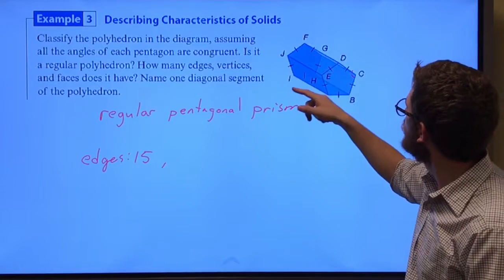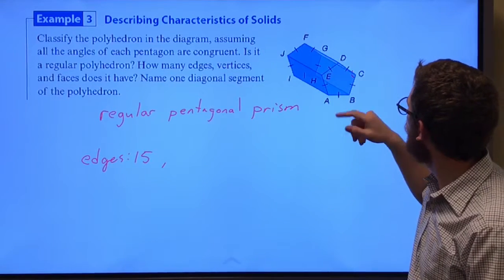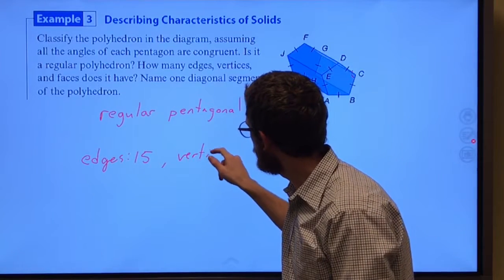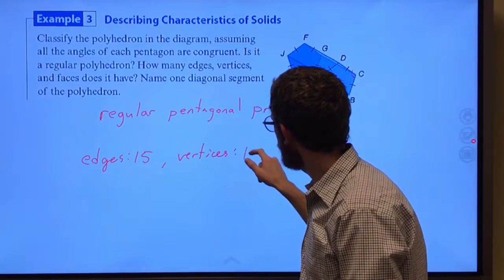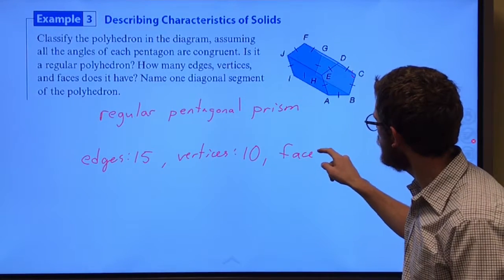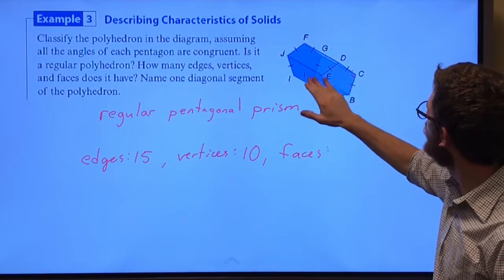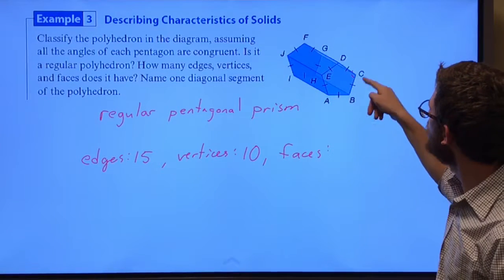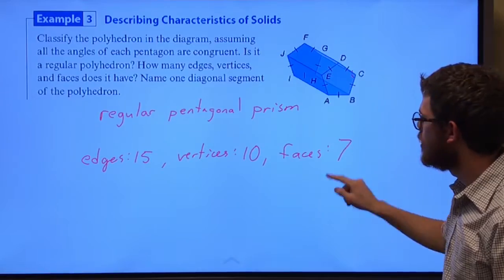Vertices, 1, 2, 3, 4, 5, 6, 7, 8, 9, 10 vertices. And faces, 1, 2, 3, should be 5, 6, 7 faces.